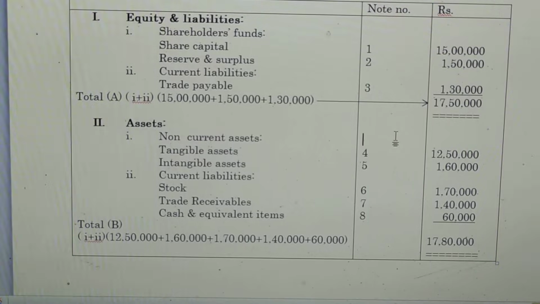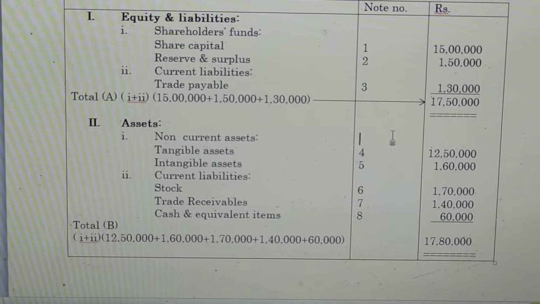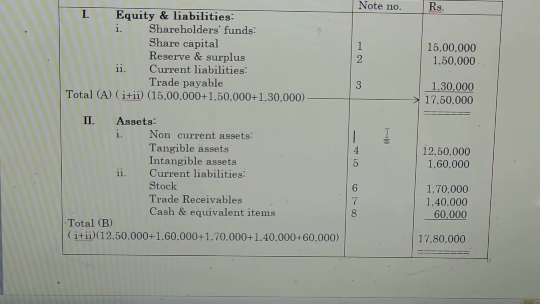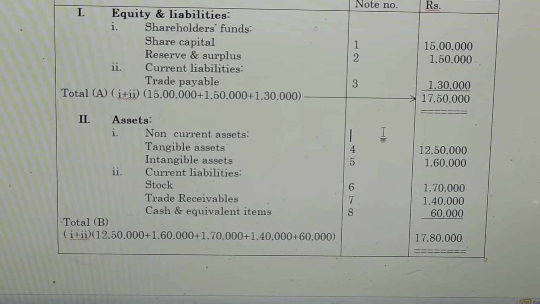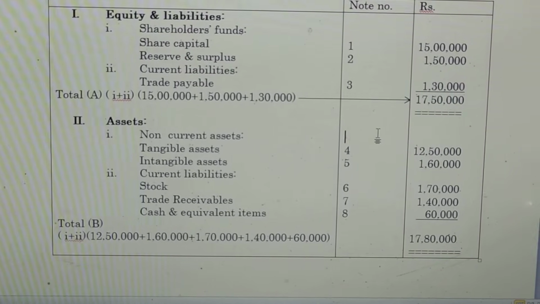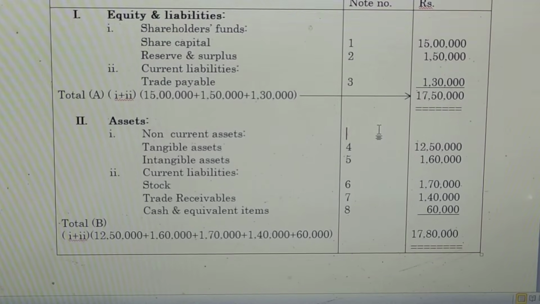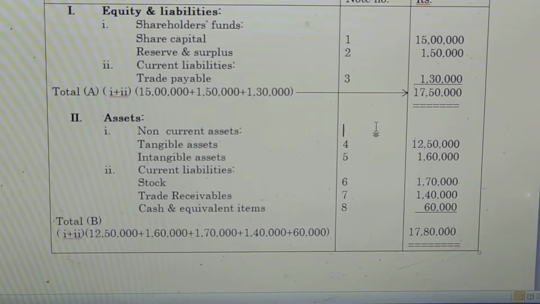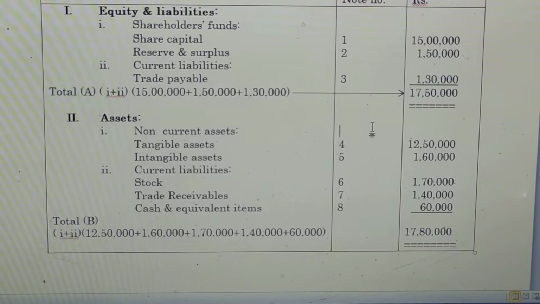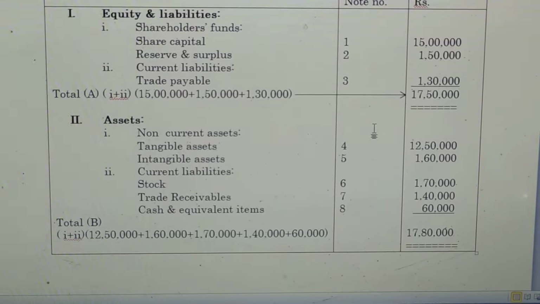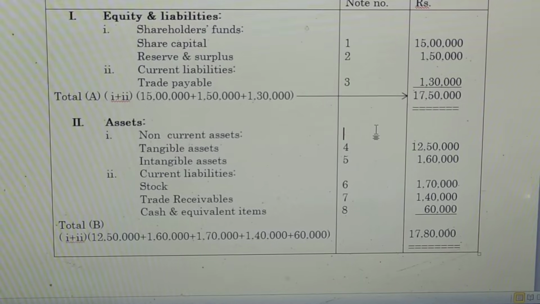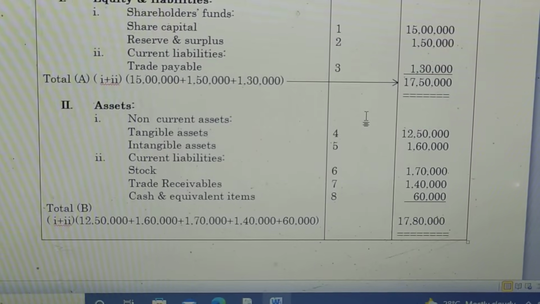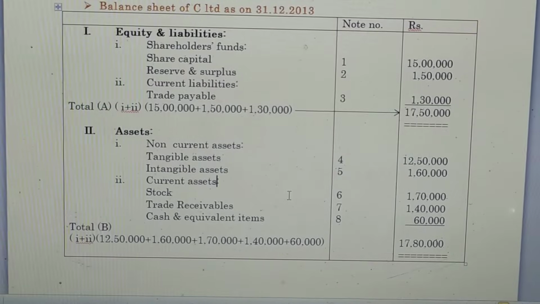Then we are going to prepare the assets. Under the assets we have to mention non-current assets. Under the non-current assets we have to mention tangible assets, that is note number 4 heading. The note number 4 total is 12,50,000, and we have to mention the intangible assets, that is note number 5 heading, and note number 5 total is 1,60,000. Then we have to mention the current assets.